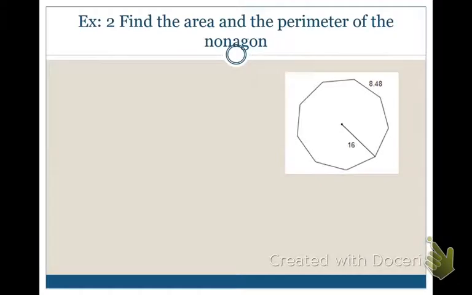Before I can find the area of this shape, what do I need to know? What's missing? I can't calculate the area of this till I know this missing part. What part is missing? Number of sides is 9. Nonagon is 9. The apothem. We have to find the apothem, right?